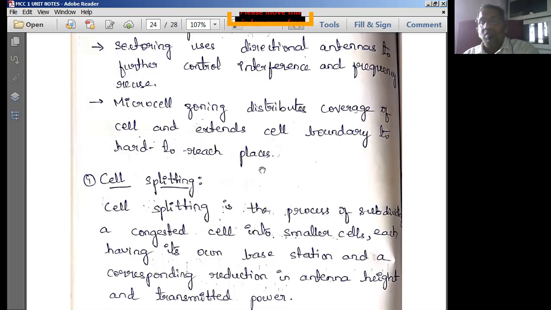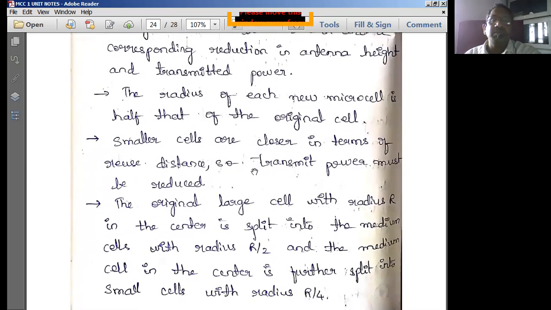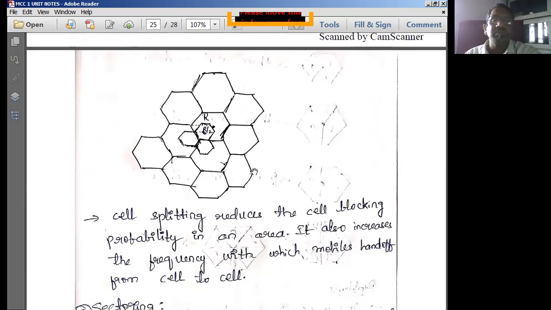Okay. So now let us look into the cell splitting concept. What is the cell splitting concept altogether? See, this is what we are talking about now. Cell splitting means, if the radius of this cell is equal to r, we have various subcells with radius r by 2, connected nearer to this cell.